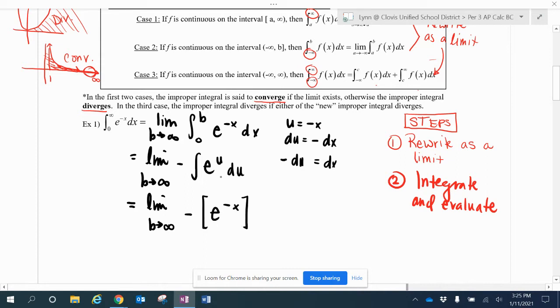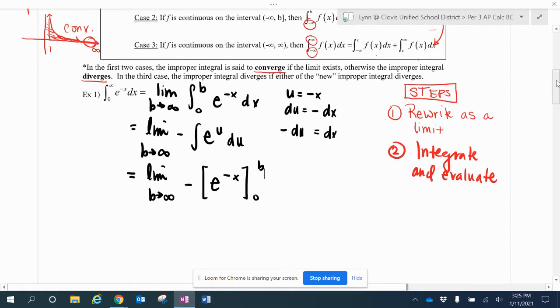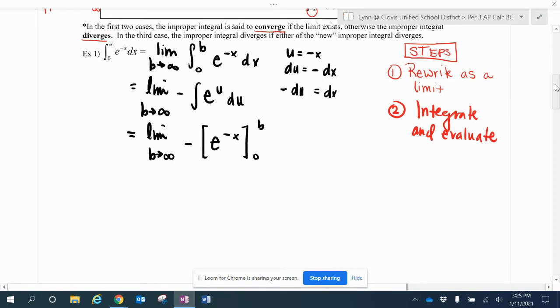So I integrated and did the substitution at the same time, and I'm going to leave the limits as 0 and b. Instead of figuring out what the upper and lower limits would need to be for a u-substitution, I just did the substitution on my last step. So now we're going to evaluate this at b.